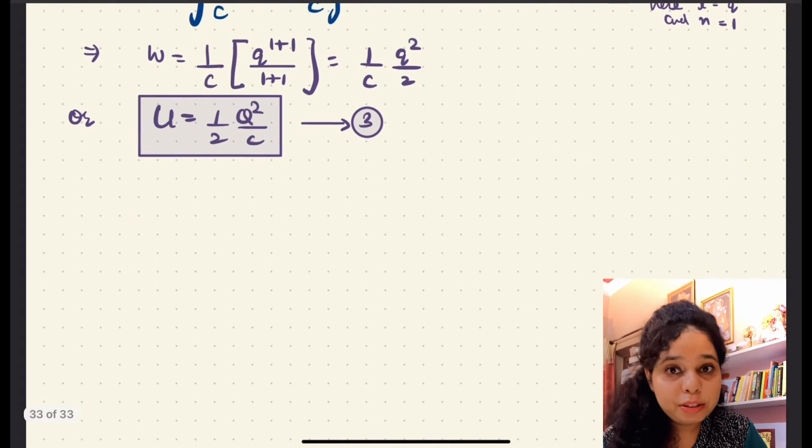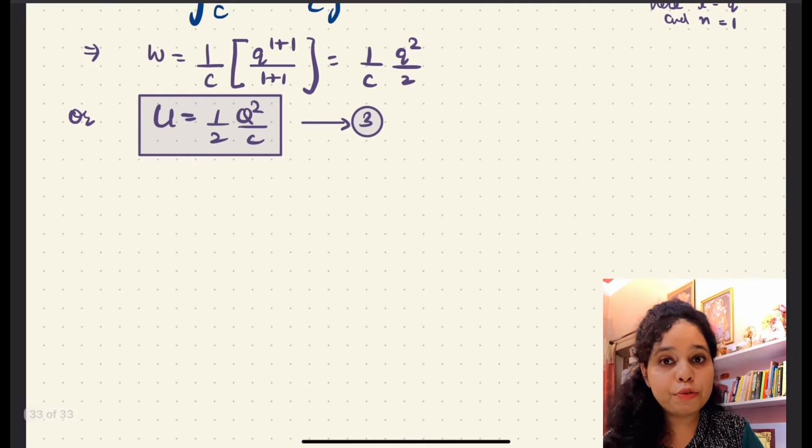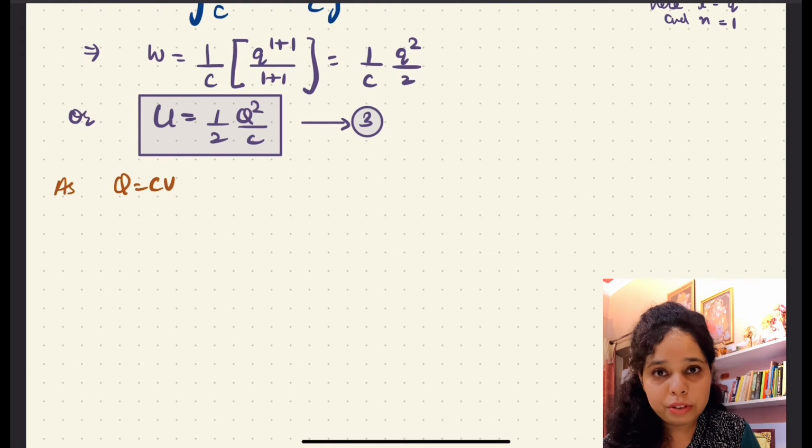We can express this equation into various other forms, and in order to do that, we again have to consider Q is equal to CV.